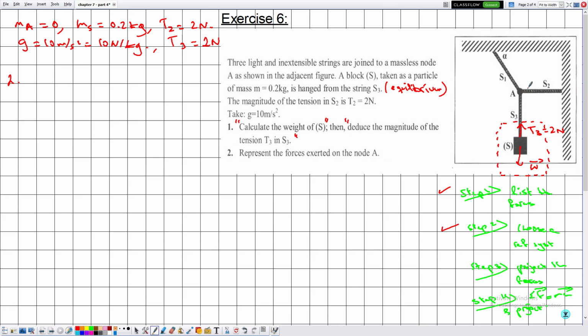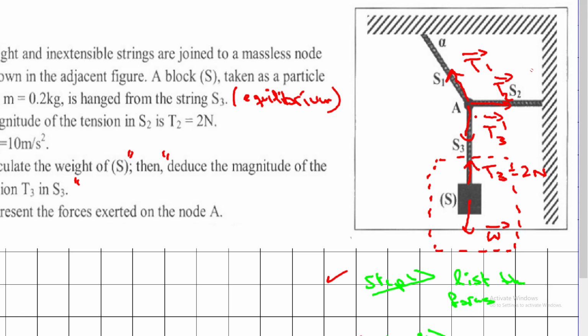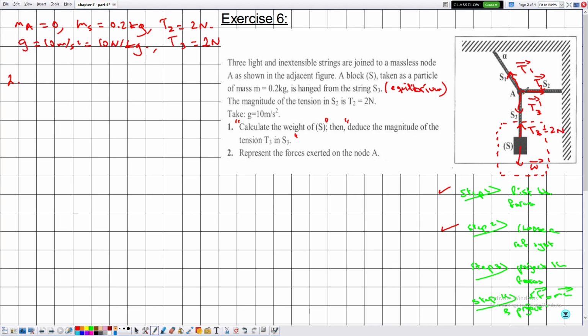So we have 3 tensions. We have the tension T2 along the string S2, we have the tension T1 along the string S1, and we have the tension T'3 along the string 3. Notice that in this case T'3 is along the string but it's away from the point A. So let's represent the forces on the node A.